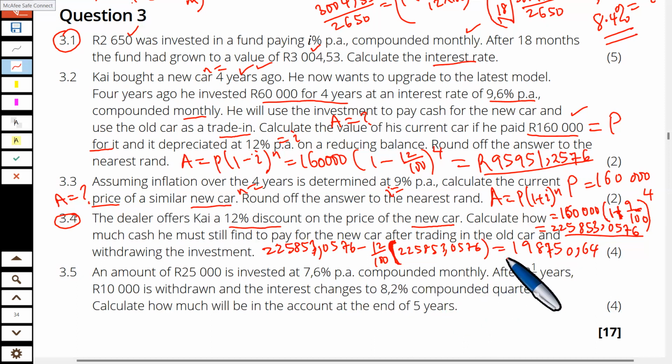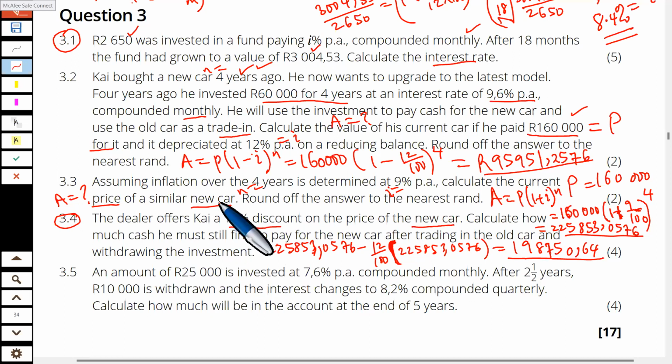So it means that with the 12% discount, he's going to have to pay this. The dealer offers Kai 12% discount on the price of the new car, so he's not going to pay the 12%. Calculate how much cash must he still find to pay for the new car, after trading in the old car and withdrawing the investment.